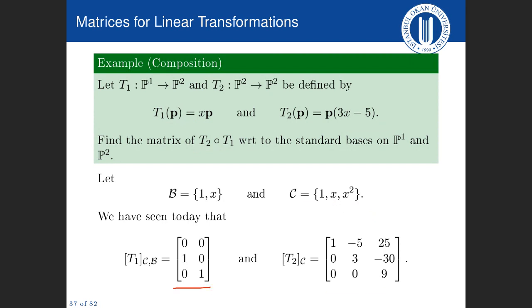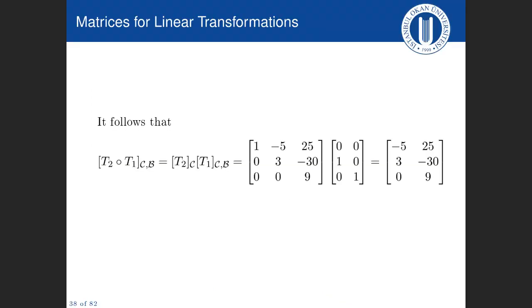And we know that the matrix for T2 is this one, 1, minus 5, 25, 0, 3, minus 30, 0, 0, 9. The matrix that we want, the matrix for T2 composed with T1, is just going to be the product of these two matrices. Multiply these two matrices together: first matrix for T2, multiply it by matrix for T1, and we get the answer.